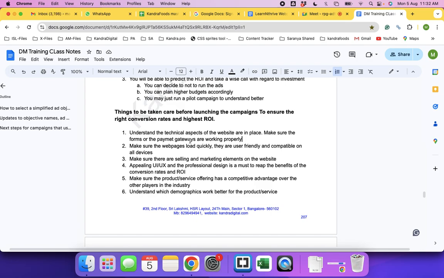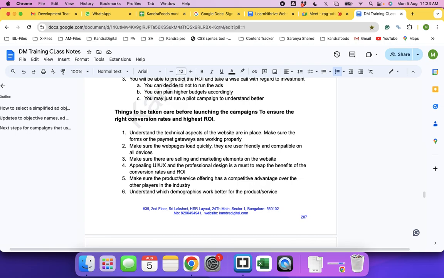Understand which demographics work better for the product or service. You are showing ads in a place where no one is bald. When they search hair transplantation, probably they must be researching. Nobody is bothered about their hair loss.